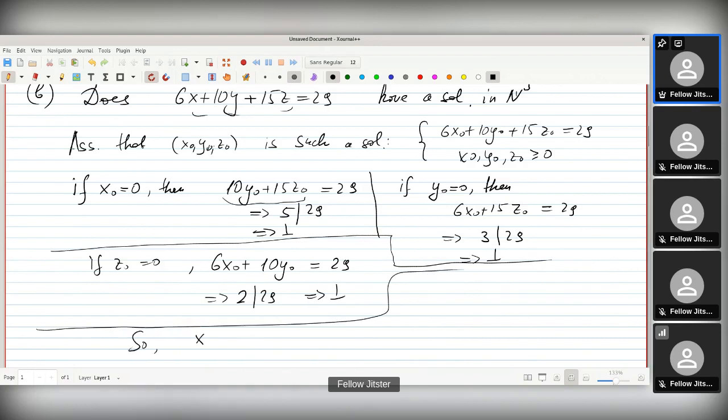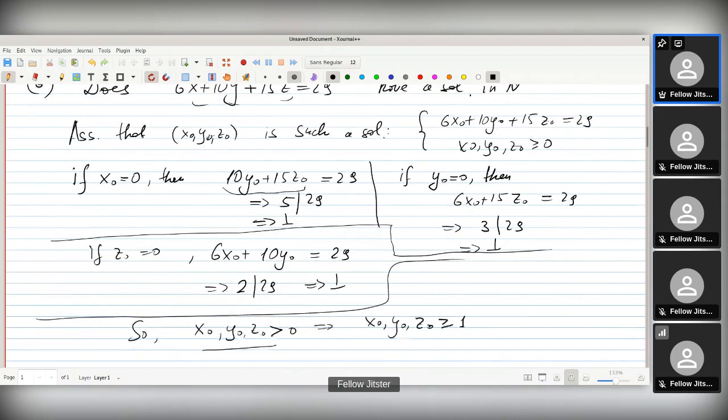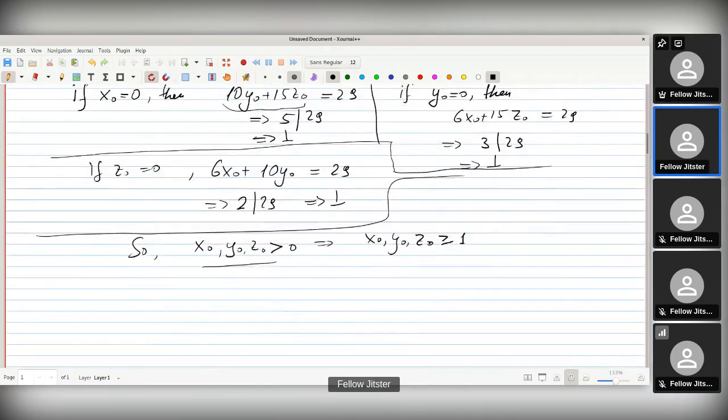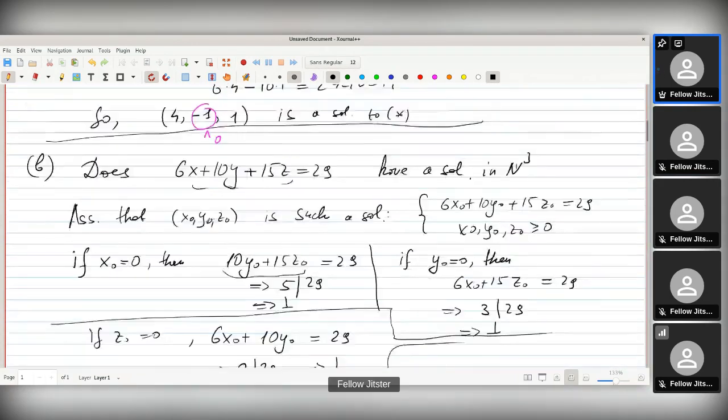So x0, y0, and z0 are all greater than 0. That is, all these three numbers are greater or equal than 1. Do you agree? As they are greater or equal than 1, what about the left-hand side of our equation?